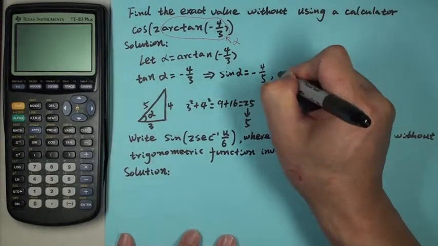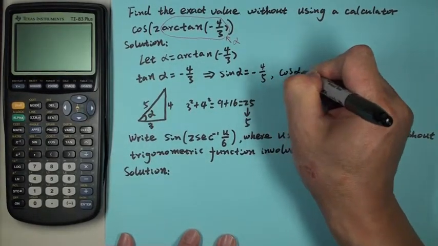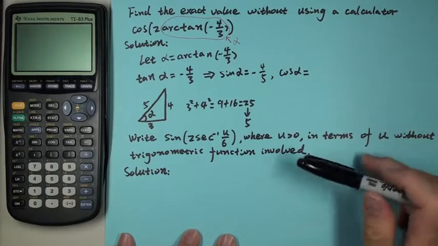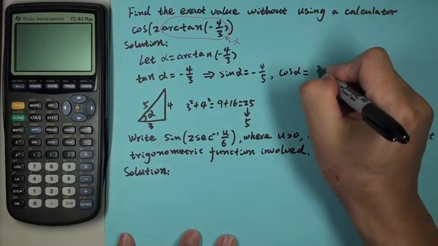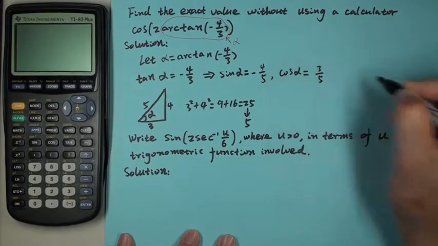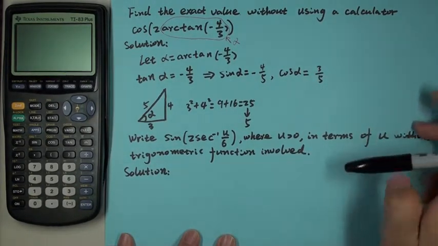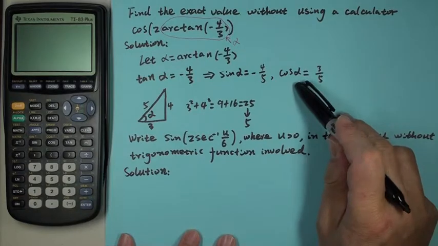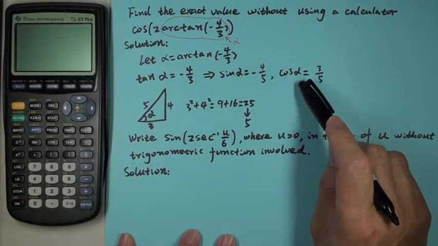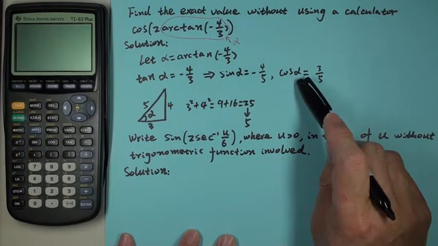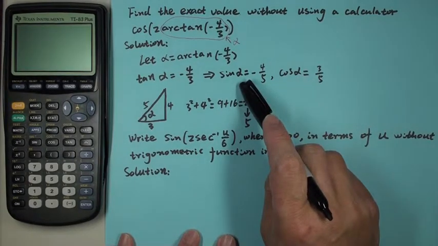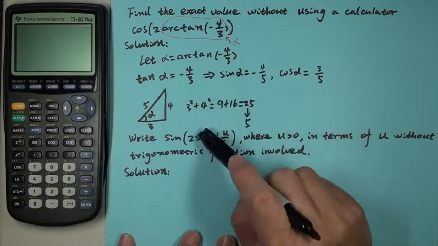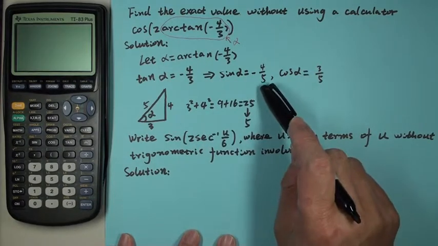Another thing is that cosine alpha is 3/5. That's the value. And cosine alpha in quadrant 4 is positive. Cosine is positive in quadrants 1 and 4, and sine is positive in quadrants 1 and 2. In quadrant 4 it is negative.